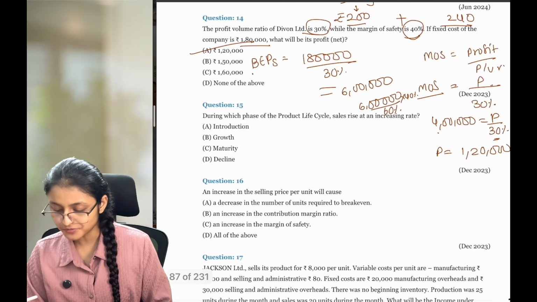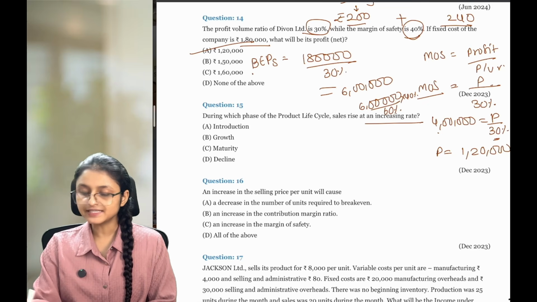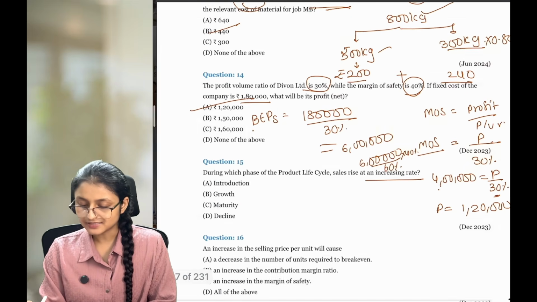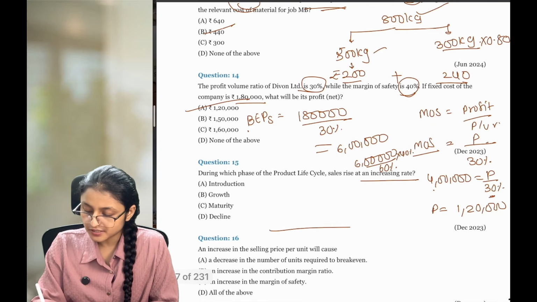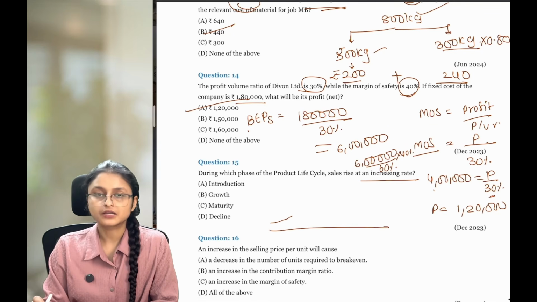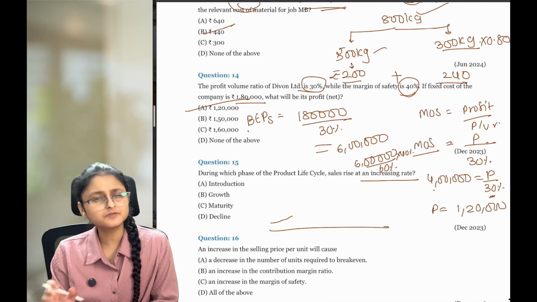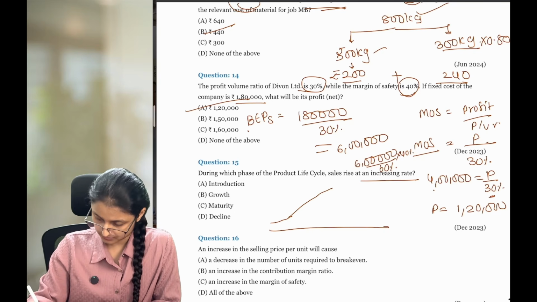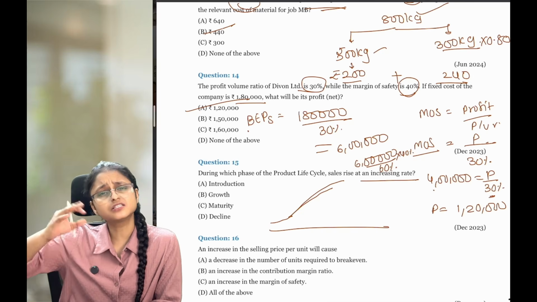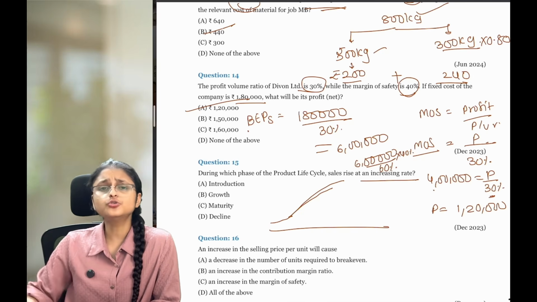During which phase of the product life cycle do sales rise at an increasing rate? Our product has different stages of life cycle. The first stage is introduction, when you are introducing the product. At that time your sales increase, but not at an increasing rate as such. But when growth happens, your sales increase at a huge increasing rate.